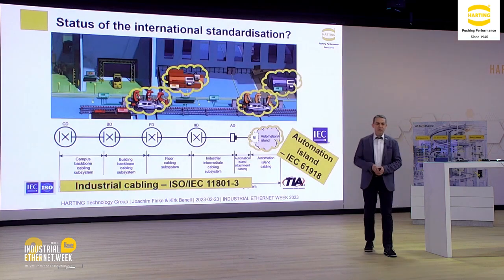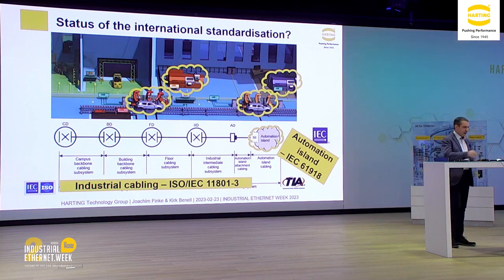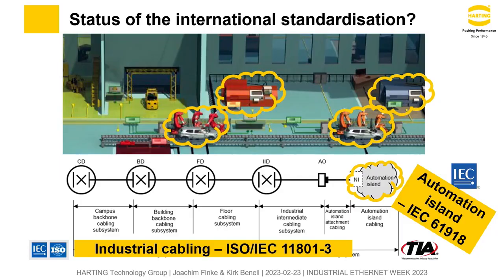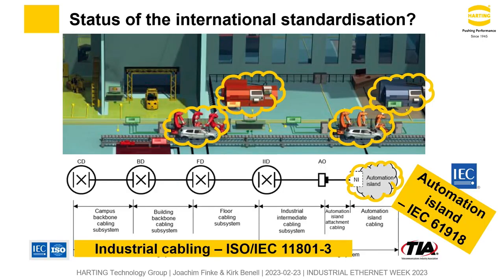But if you look a little bit really to applications, for example, we have here the solution inside the factory, for example. And you see that we have the factory floor, for example, a production hall.